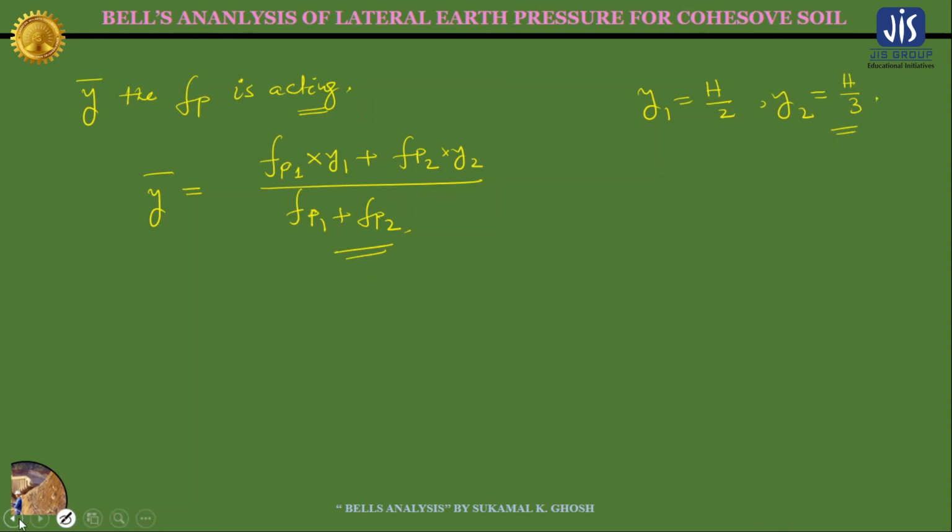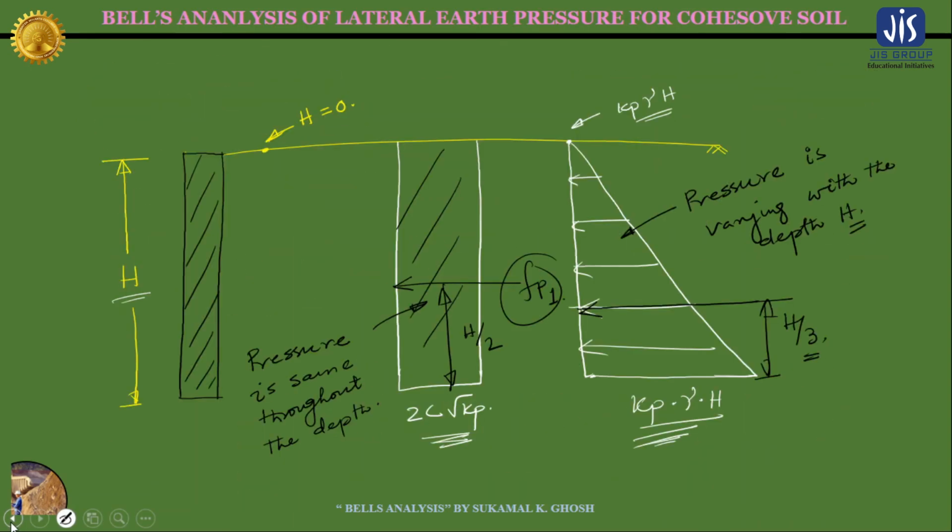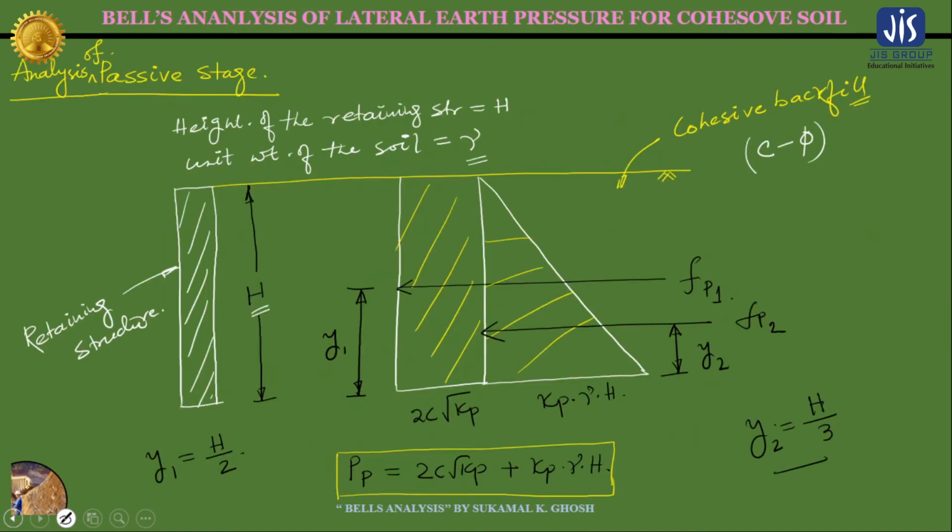Basically, FP is the resultant force, which equals FP1 plus FP2, and this is acting at a depth of y bar.